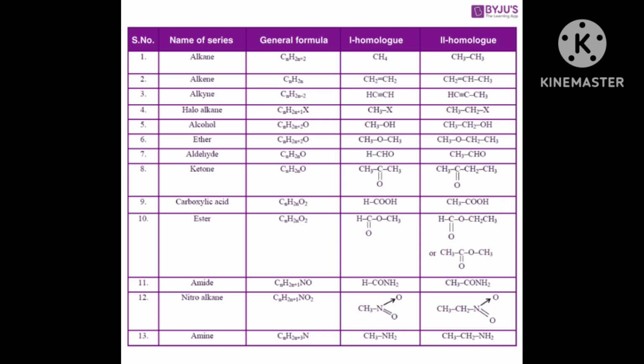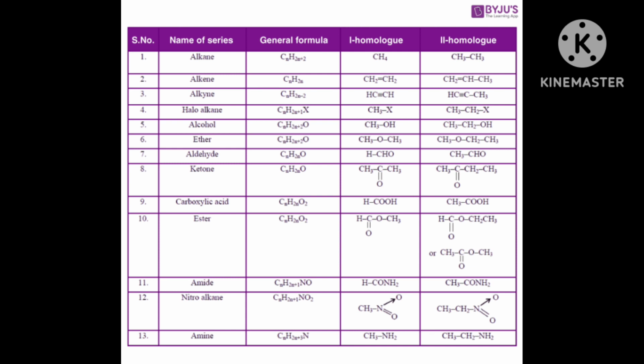Now the functional group may be defined as an atom or group of atoms joined in a specific manner, which is responsible for the characteristic chemical properties of the organic compound. The examples, already told you: hydroxyl, OH group.